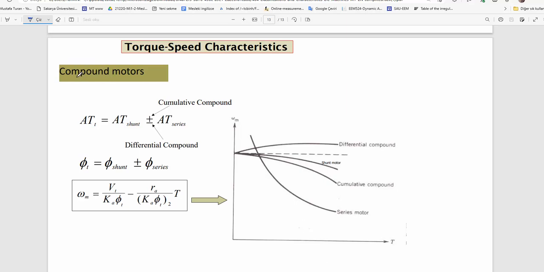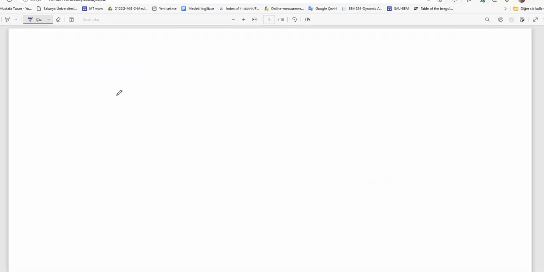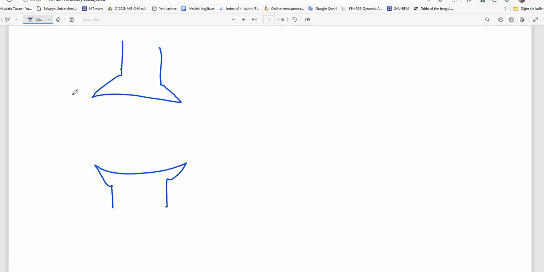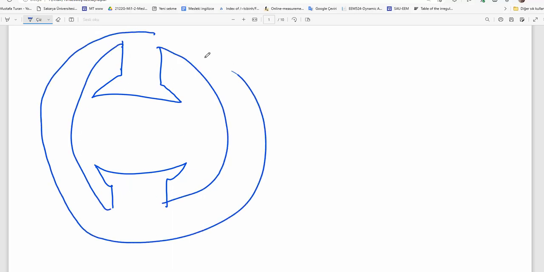Let's discuss terminal characteristics of compound motors. Remember, in a DC machine, there were poles on the outer part, which is the stator, and then the yoke, and then here is the rotor or armature, with slotted construction.